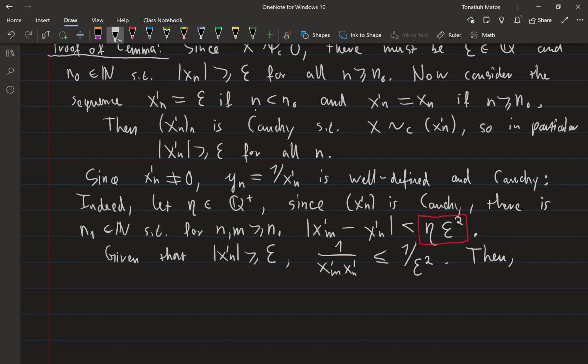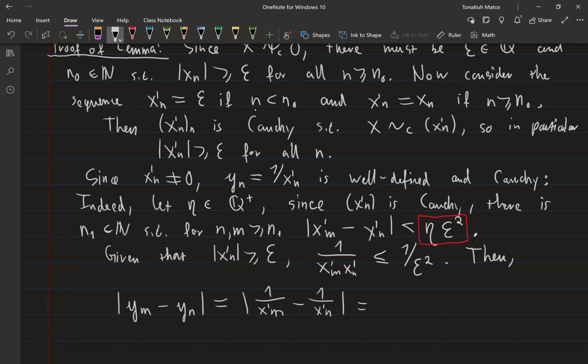So then, to finish this off, what is the distance between yn and ym? Right? What is this distance? So I define this to be 1 over x prime m minus 1 over x prime n.